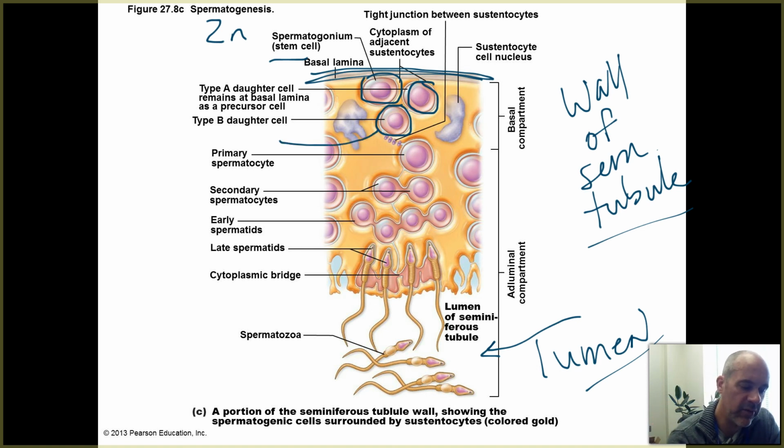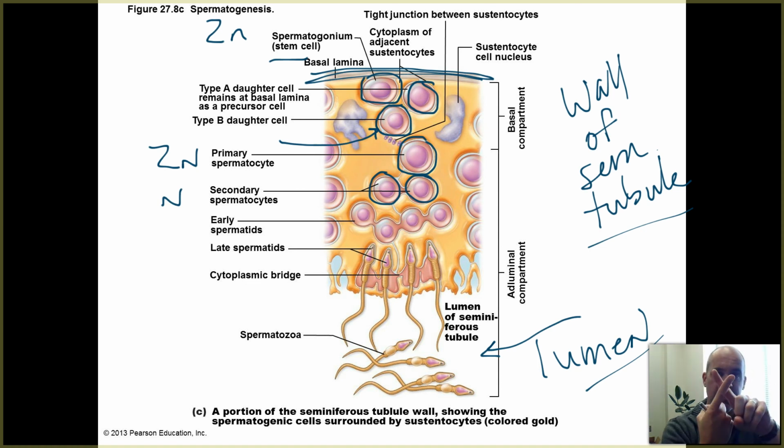The type B daughter cell doesn't divide, it just changes and undergoes some specialization to become a primary spermatocyte. That's still 2N. It undergoes meiosis 1 and generates 2 secondary spermatocytes. Now you're actually considered to be a haploid cell, but keep in mind that those 23 chromosomes are still in a duplicated state like this.